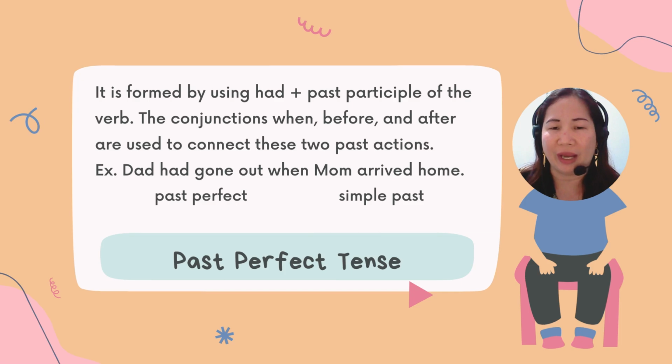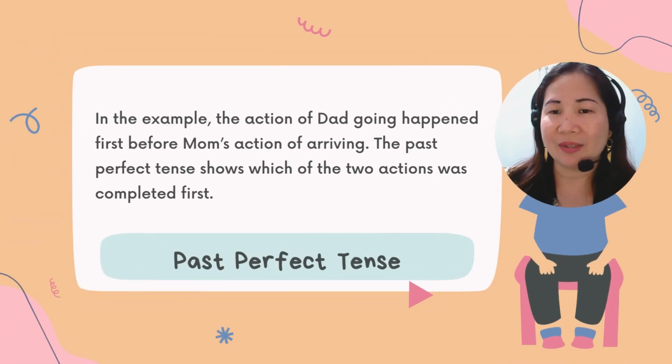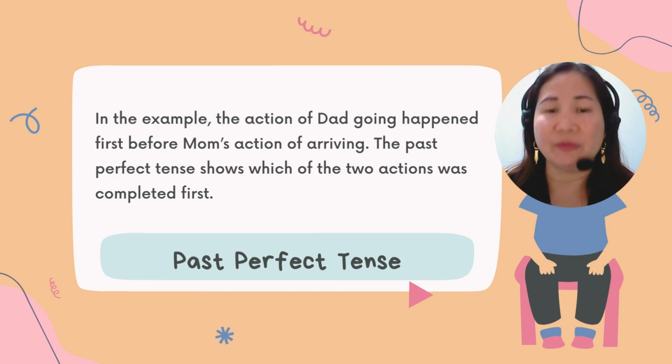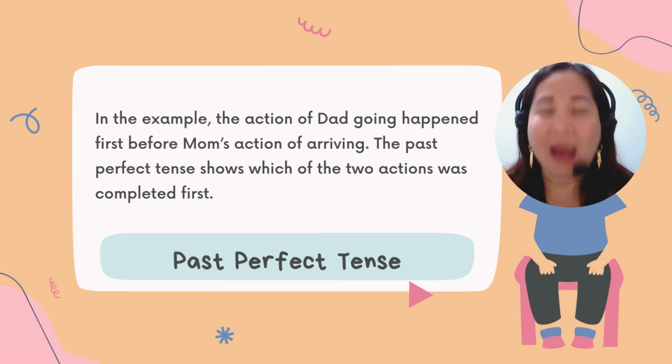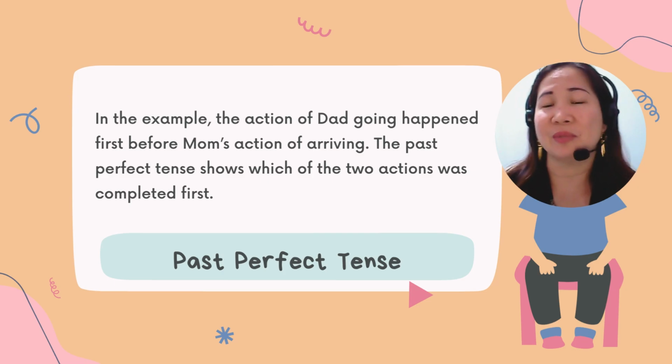And of course, don't forget the word when. And for gone, that is the past participle of the word go. Okay, so as we go back to the example, the action of Dad going happened first before Mom's action of arriving. The past perfect tense shows which of the two actions was completed first.